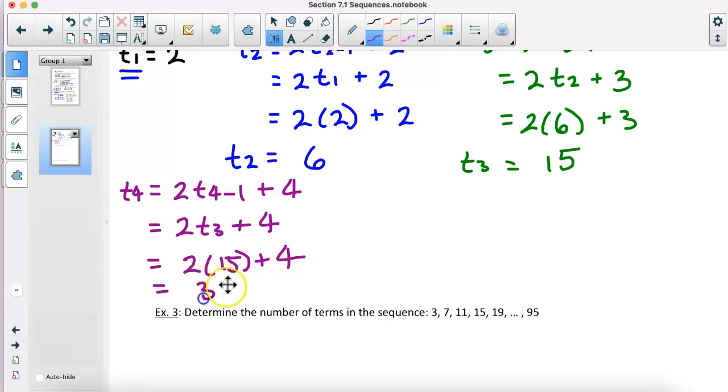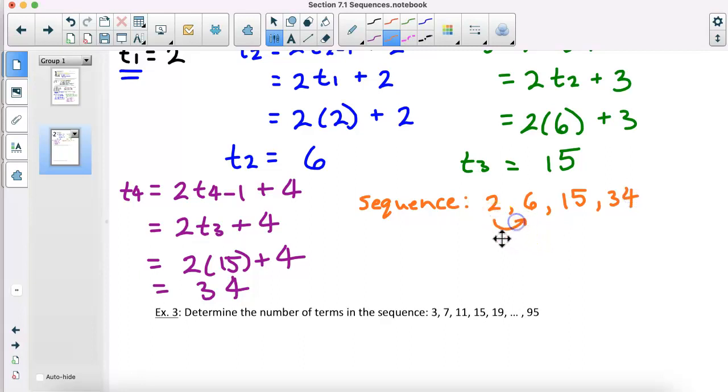And this is going to be 34. So our sequence of numbers, we can write this over here in the order that they appeared. So t1 is 2, 6, 15, and 34.